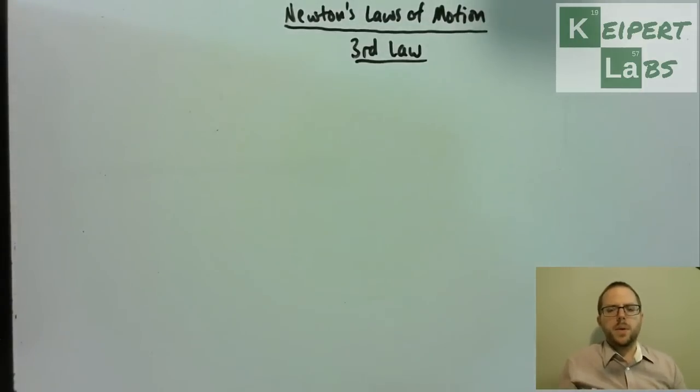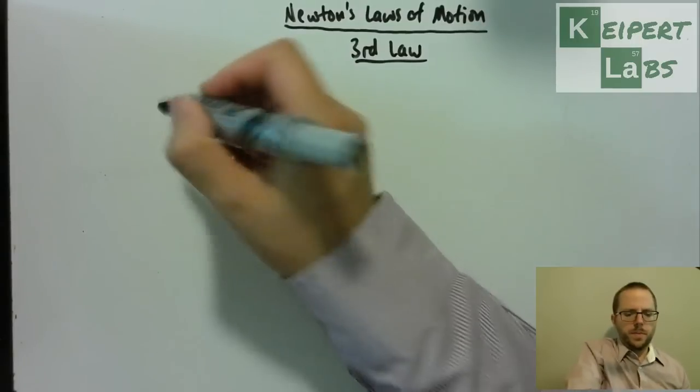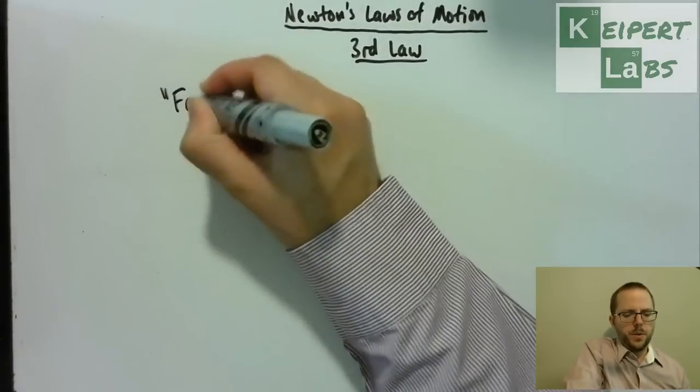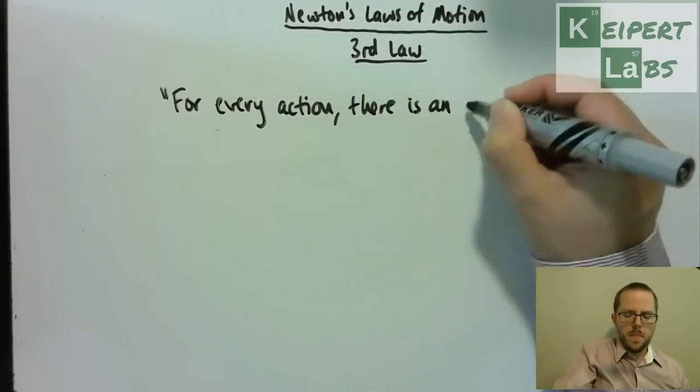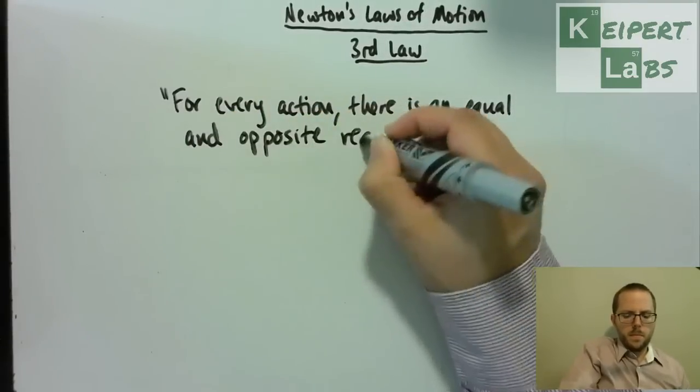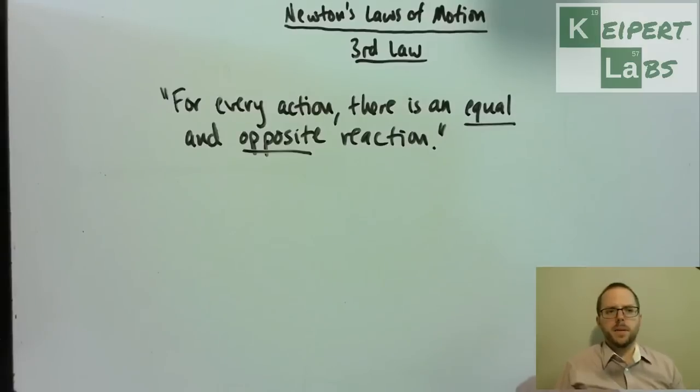Okay, so in terms of how we would word Newton's third law, here's the phrase that we would use, which may sound very familiar to you. And here we have it. For every action, there is an equal and opposite reaction.